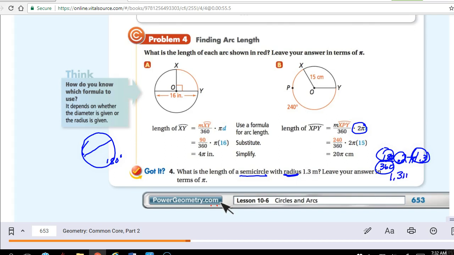And then, of course, bring your pi as part of the answer, and then make sure your units are attached. So the answer is going to be 1.3 pi meters in this particular case. All right? It's just giving you a chance to use that formula, so please make sure to refer back to that formula when you need it, and after a while you'll get used to that formula and you'll be able to do it without having to look back. Best of luck.